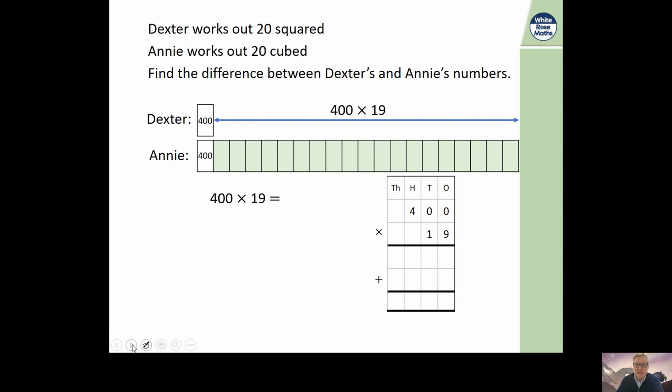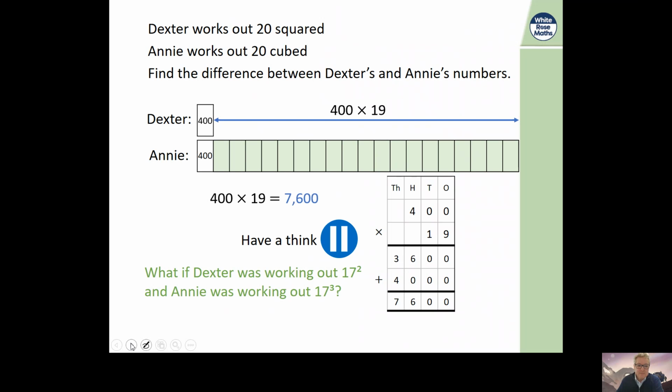Maybe some of you would like to challenge yourself by making an estimate. Have a think about this. What if Dexter was working out 17 squared and Annie was working out 17 cubed?